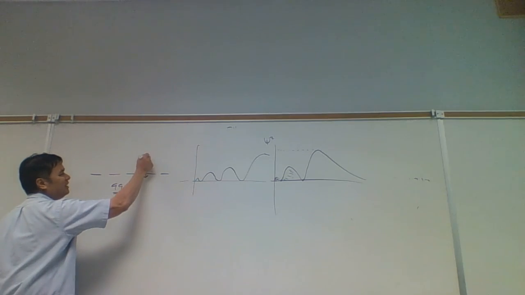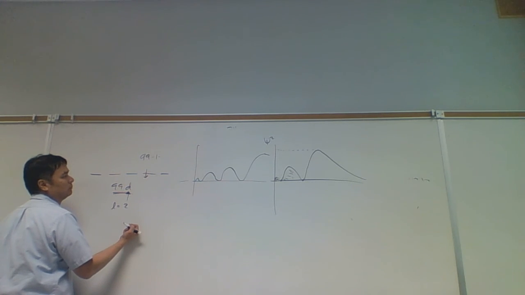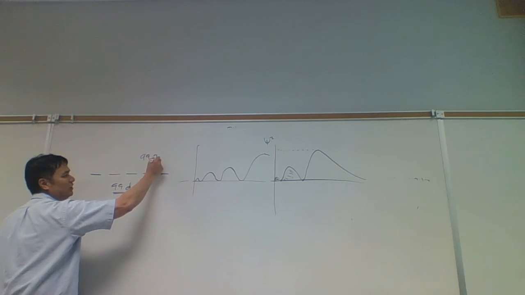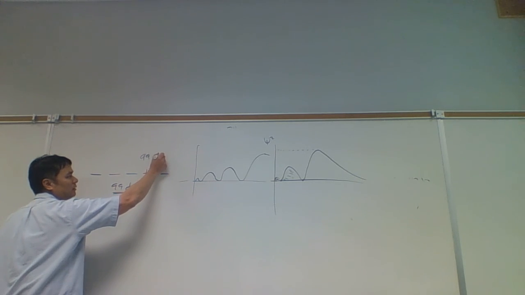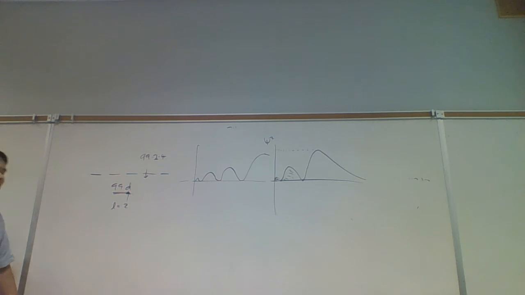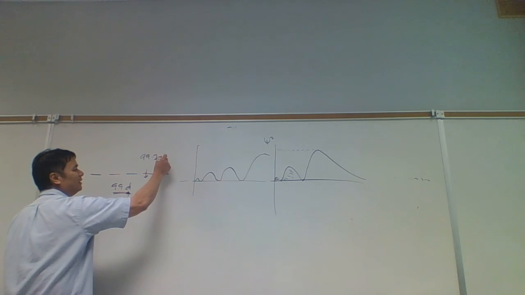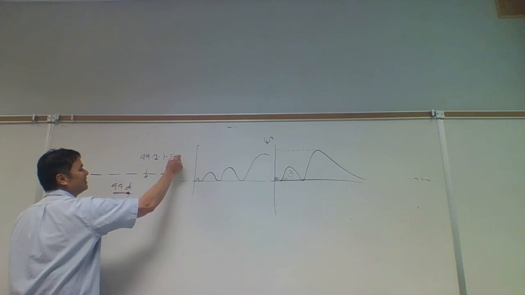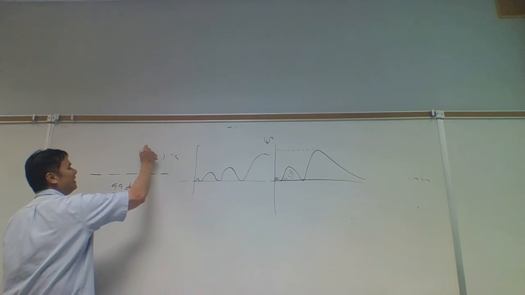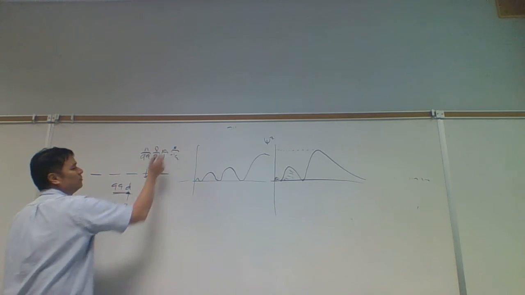Yeah, l is 2. So this is going to be 99, 2, and m is 1, spin negative 1/2. That's right. So that would be n, l, m, and s.